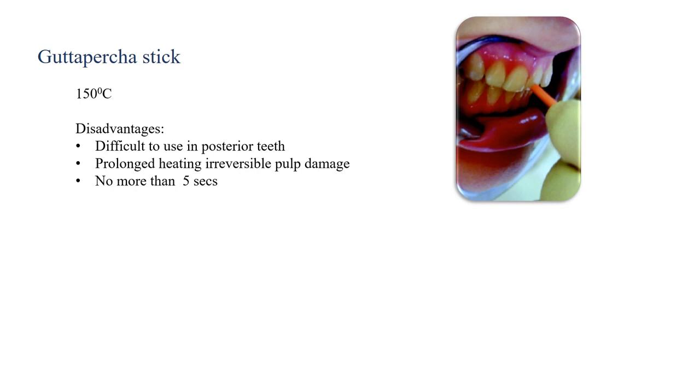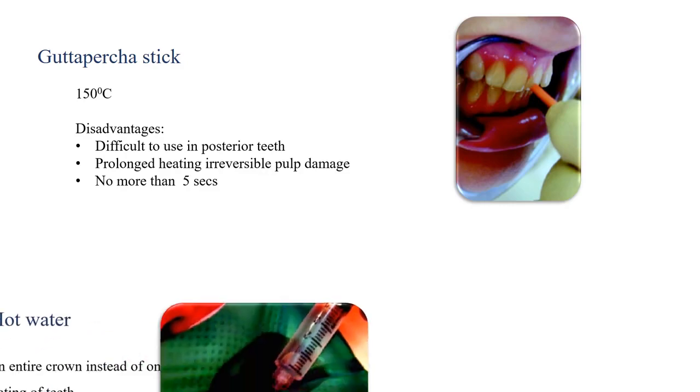A very important thing to remember here is we must be very careful not to keep the stick on the tooth surface for longer than 5 seconds. If there is no response elicited, or if there is a mild response elicited, that is fine. But if you keep the gutta-percha stick on the tooth surface for longer, it has a very high temperature, 150 degrees Celsius, and it will result in irreversible damage to the pulp.